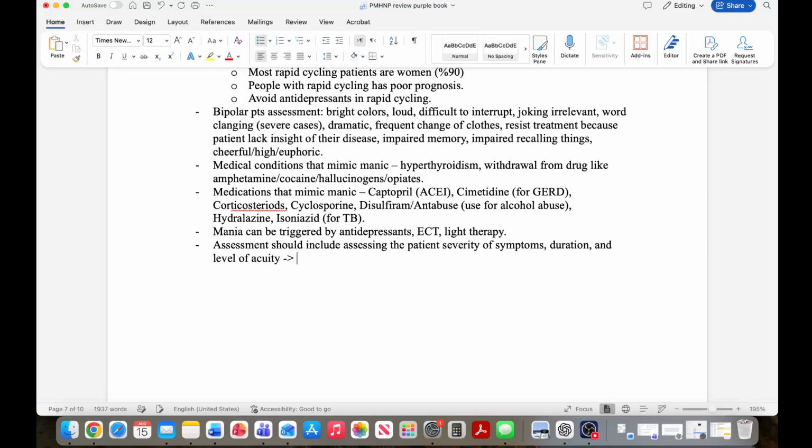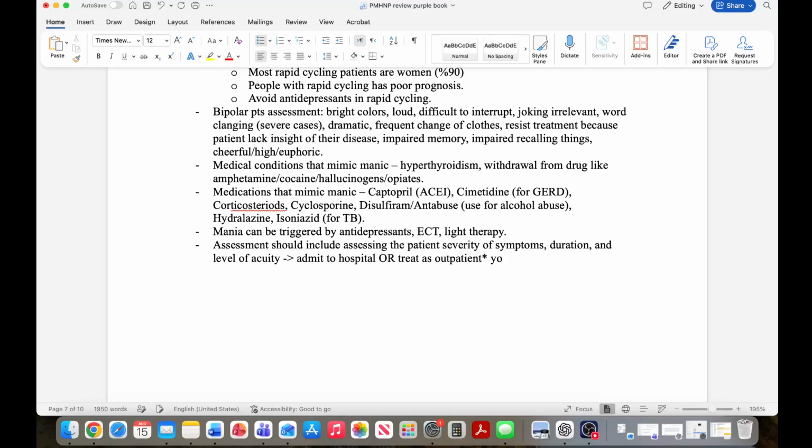Why? Because here we're trying to determine, are we admitting them to the hospital or are we going to treat them in the community? Admit to hospital or treat as outpatient. This is an important decision to make when someone has bipolar.